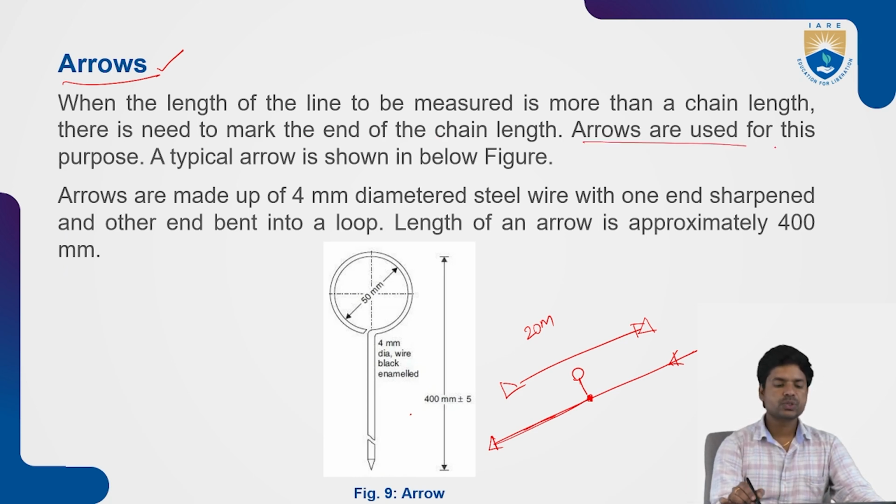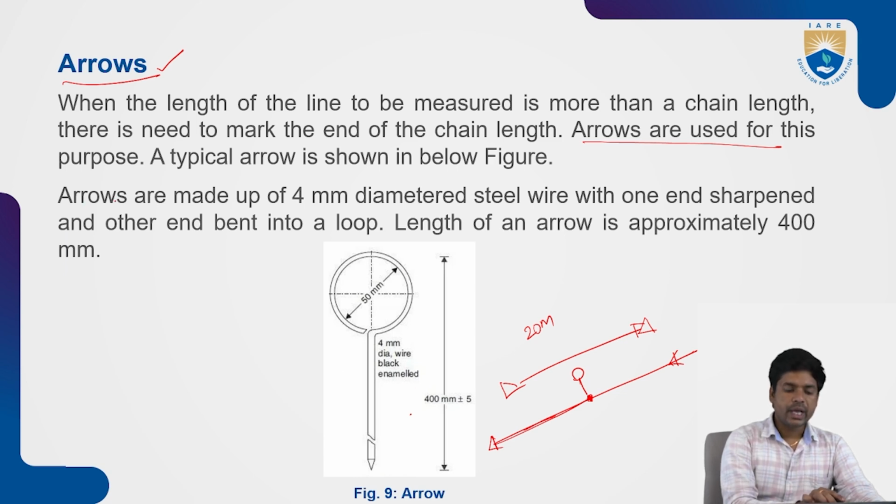So arrows are used for this purpose because we mark distances or points. A typical arrow is shown in the figure below. Arrows are made of 4 mm diameter wire, and the length is around 400 mm.